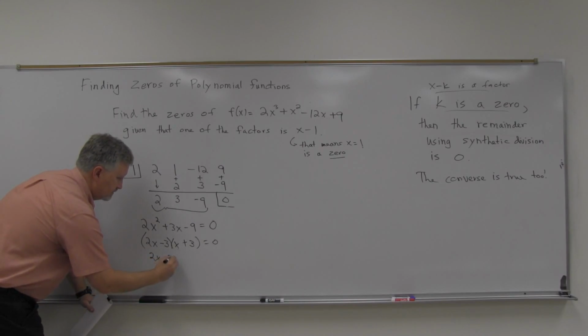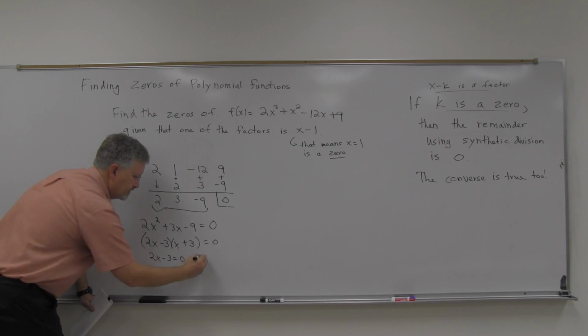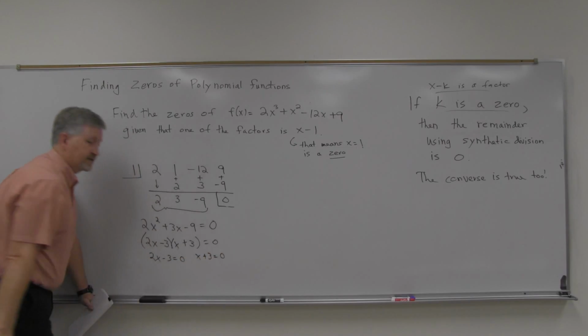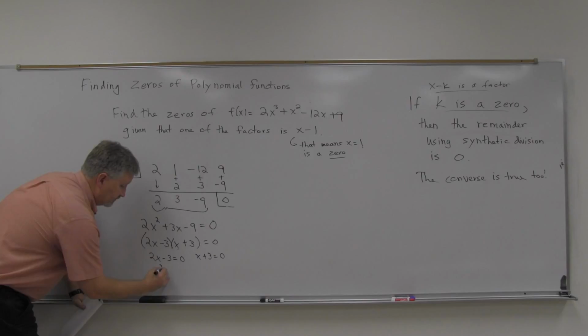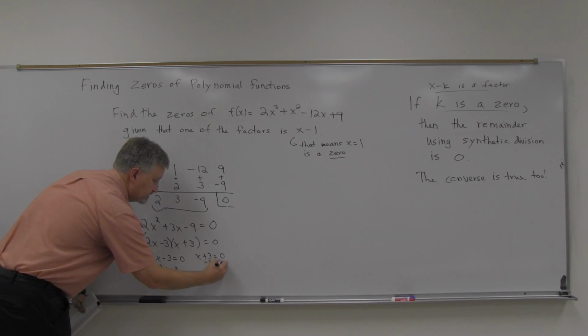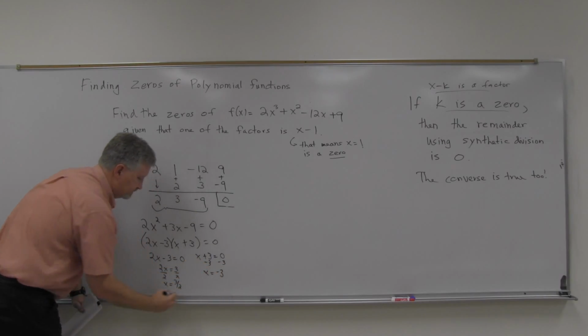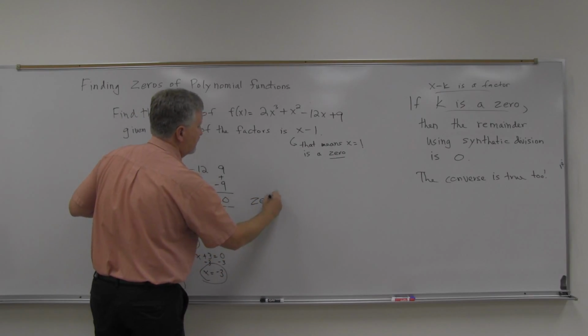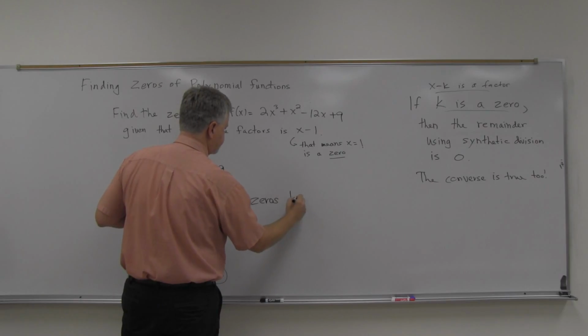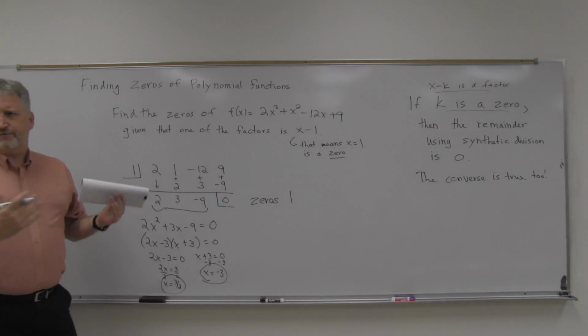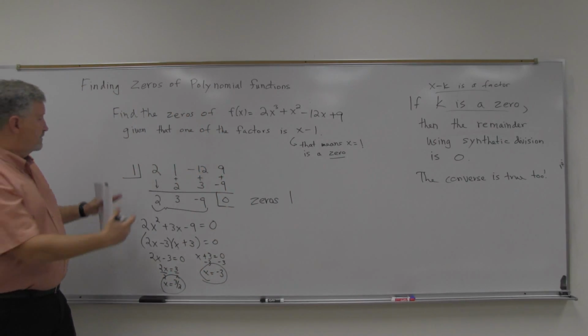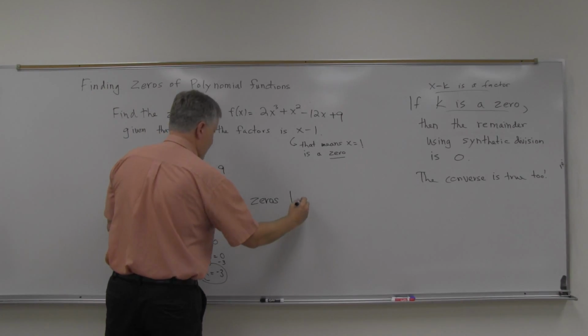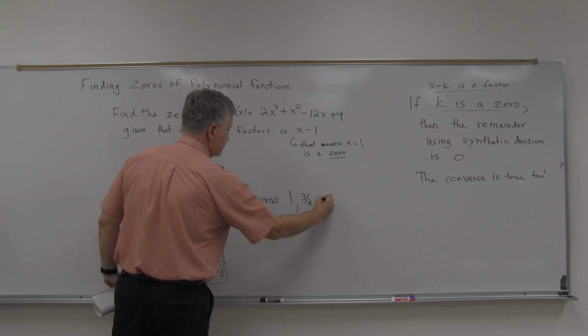Solving that equal to 0, now we've got factors, and we can set those equal to 0: add 3, divide by 2, so we've got 3 halves, and we've got minus 3. So my zeros here: we knew 1 was a zero, and so we've got 1, 3 halves, and minus 3.